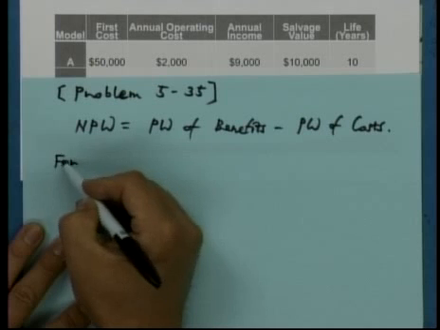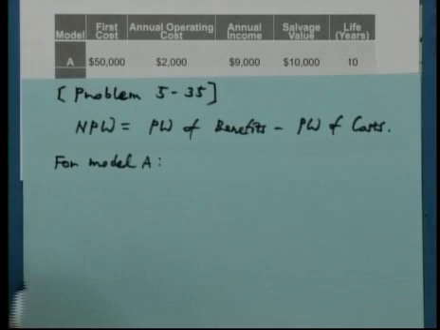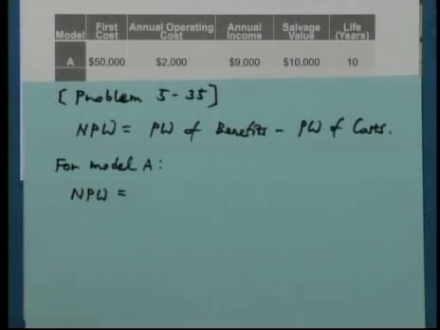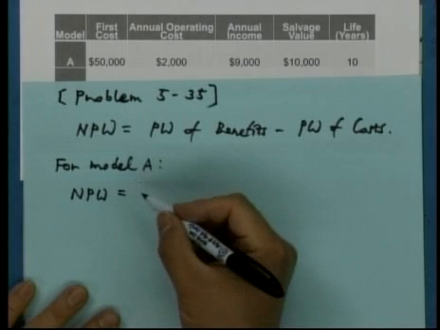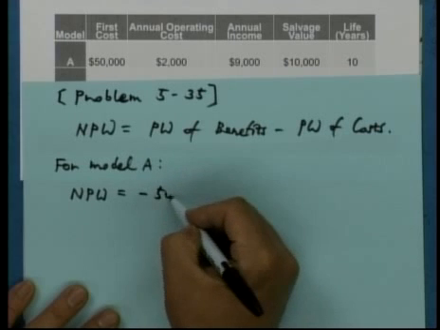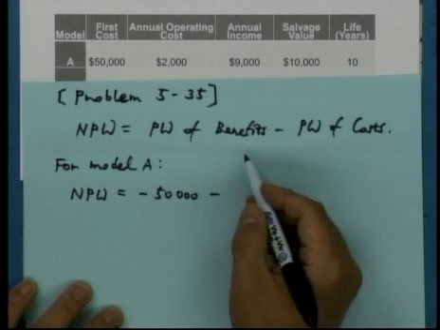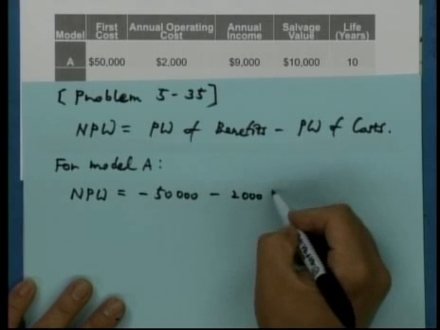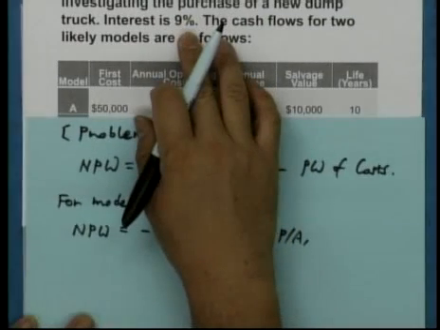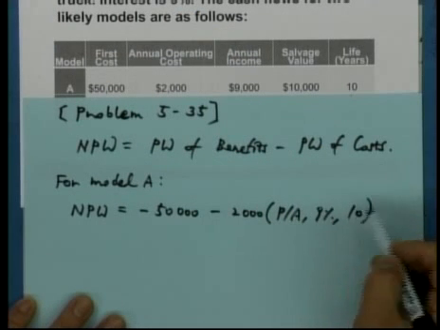So for model A, net present worth is the negative first cost, $50,000, minus annual operating cost, which is 2,000 times P given A, and we're going to use interest rate of 9% over 10 years, right?